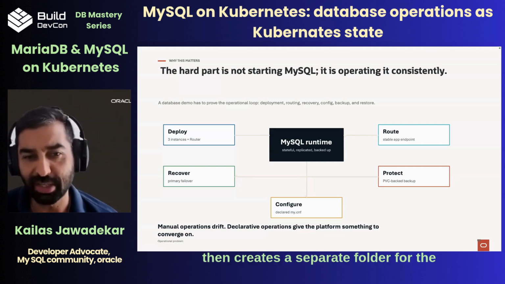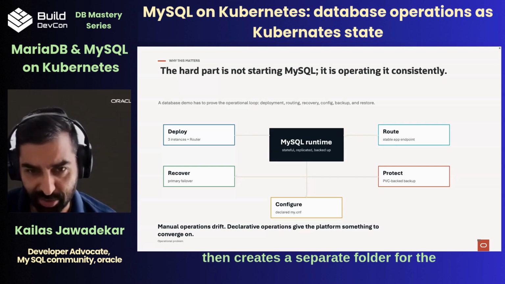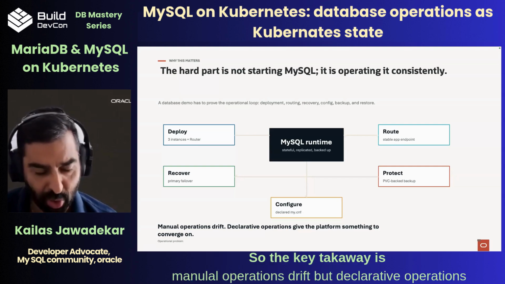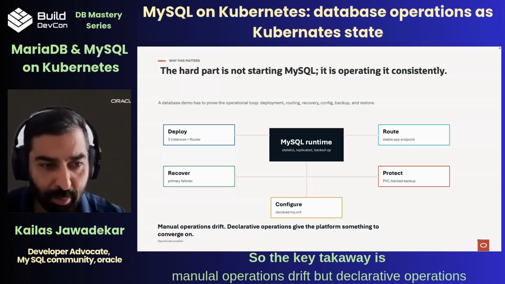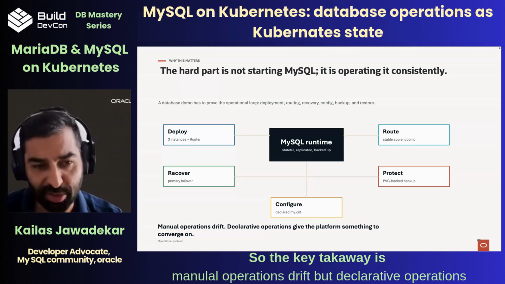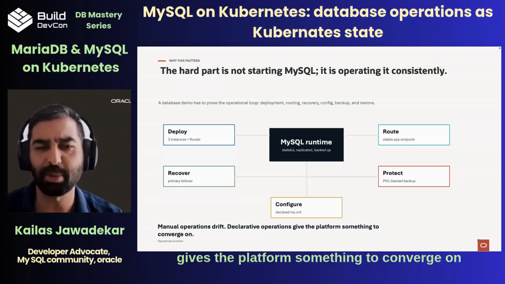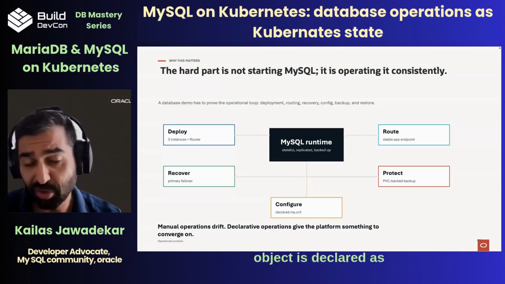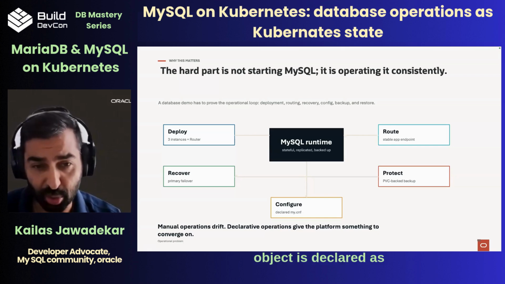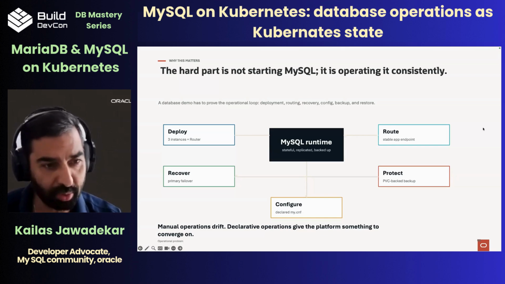The restore then creates a separate cluster initialized from that particular backup. So the key takeaway is manual operations drift, but declared resource definition gives the platform something specific to watch, compare, repair, and repeat. This is really the key reason to use a declarative model.